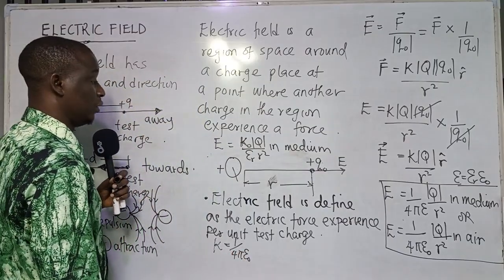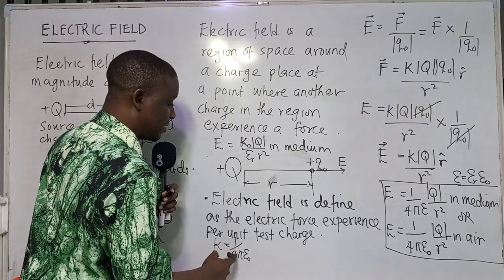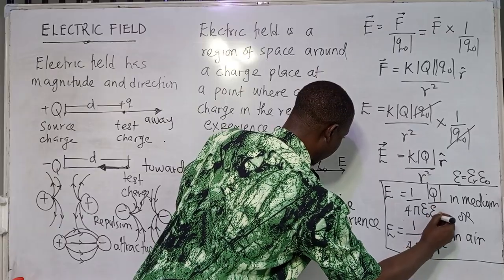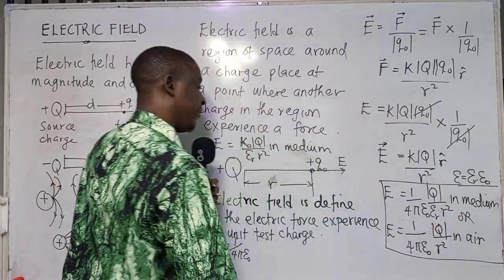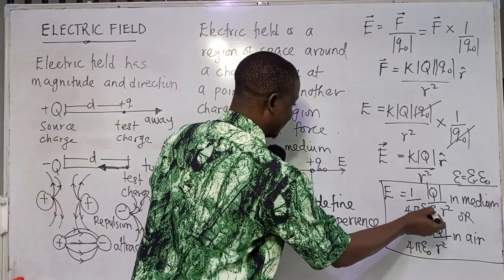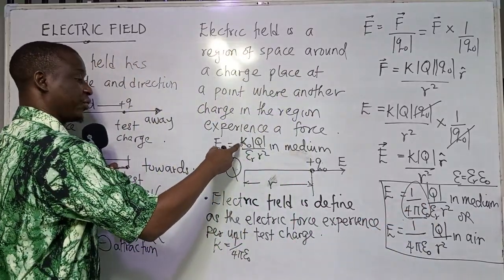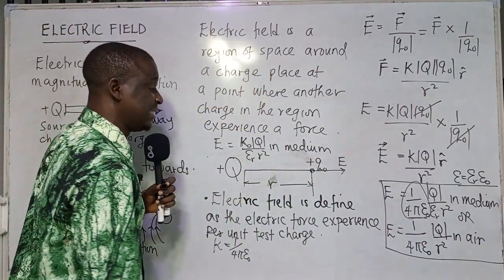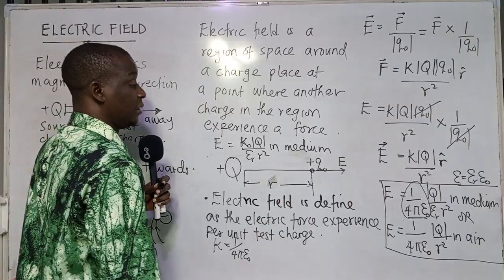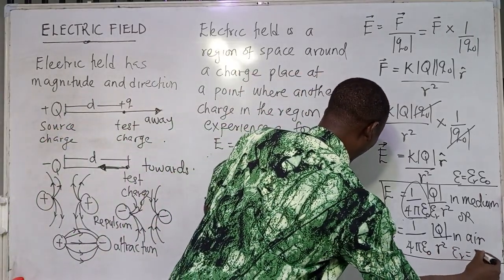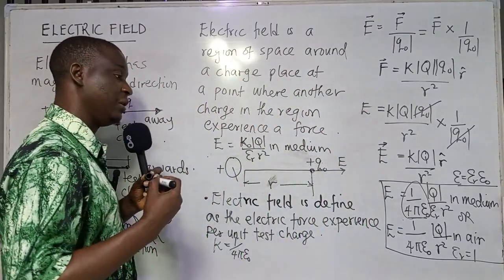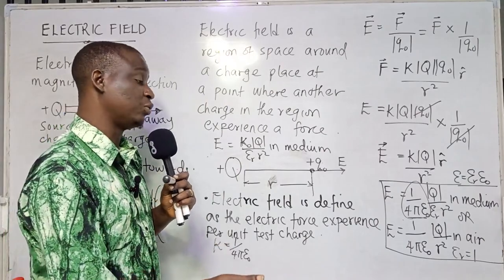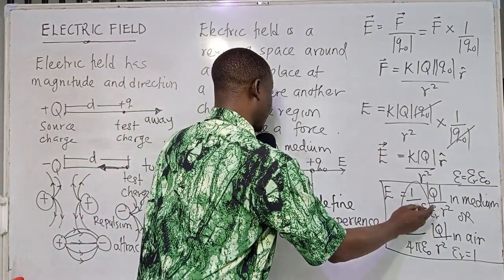That is K naught for you. If you isolate this from the formula, epsilon naught, epsilon R times R square, you are going to have K naught, and what we are going to have left is epsilon R. But in air, epsilon R is equal to 1. So we take it as 1, and the formula will change from this one to this.